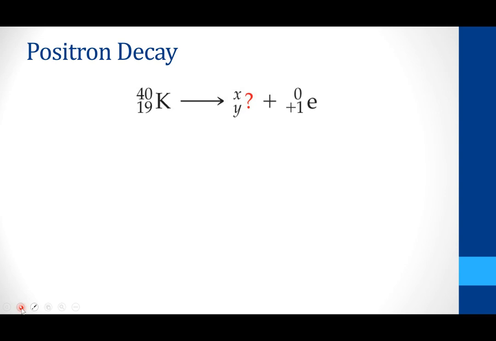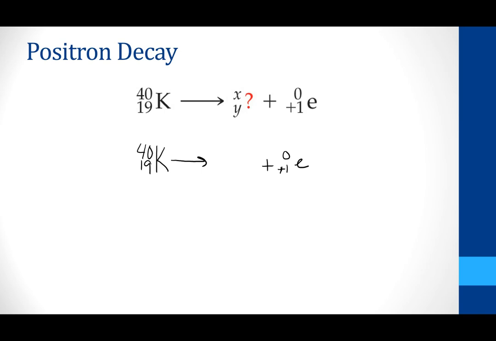All right, so potassium undergoes positron decay. Here we see that positron being emitted. So what is the new isotope that gets formed? Again, just rewrite it down here, reaction arrow, and here's my positron.